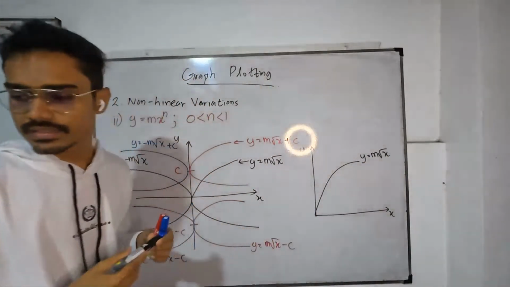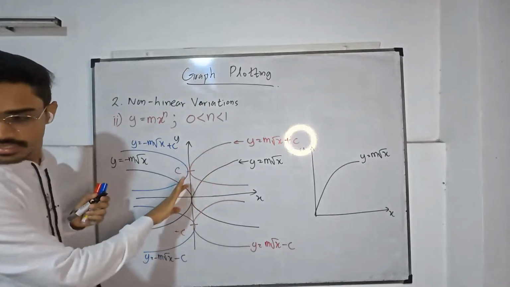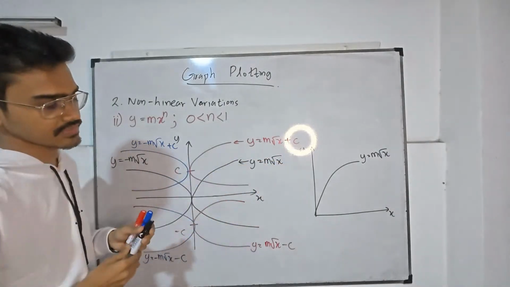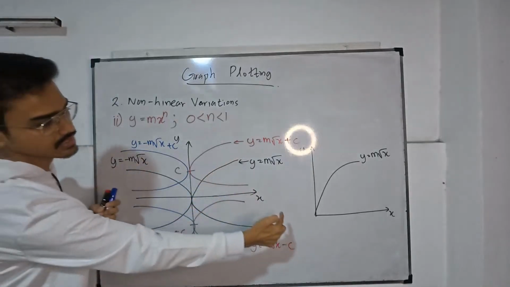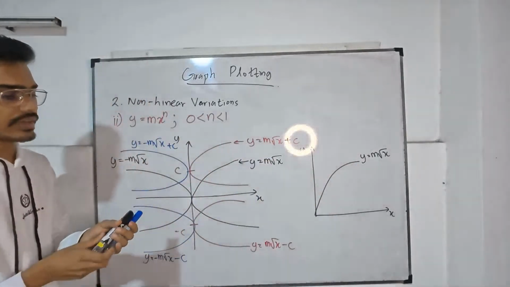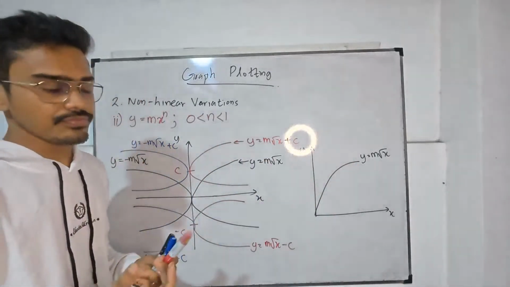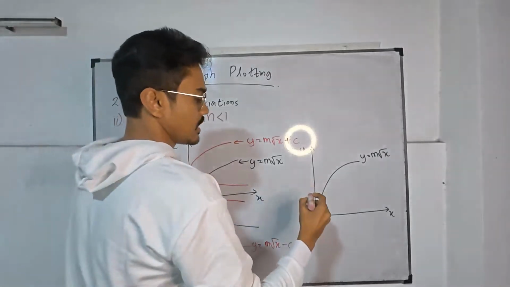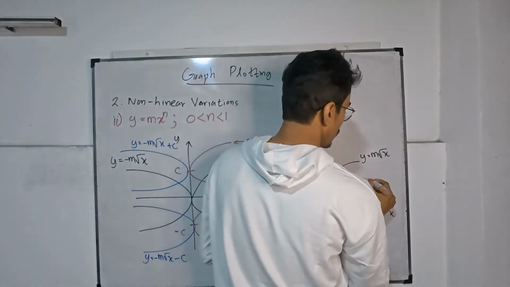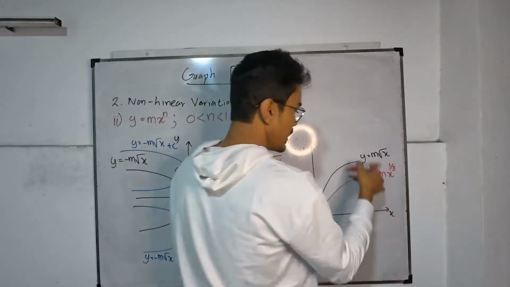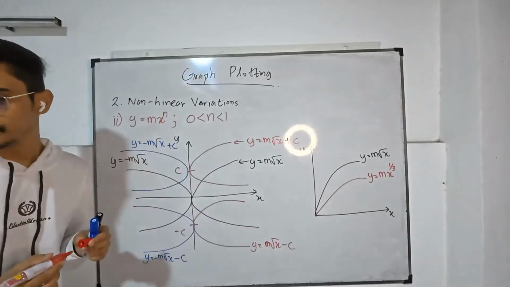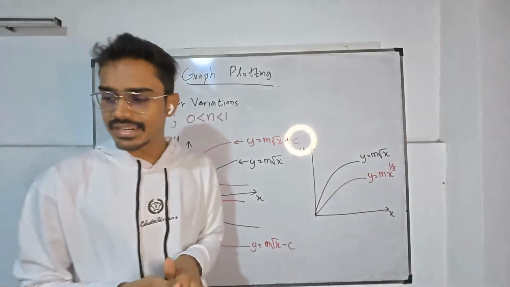This shape is the shape of the first quadrant y equals m root x. And if I plot a graph like y equals mx to the power 1 over 3, it is further below that curve because the decrease is rapid.